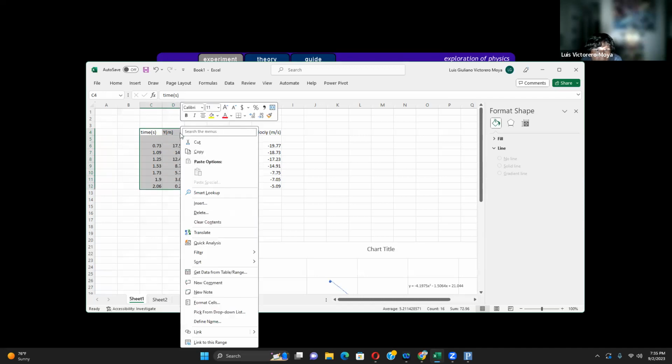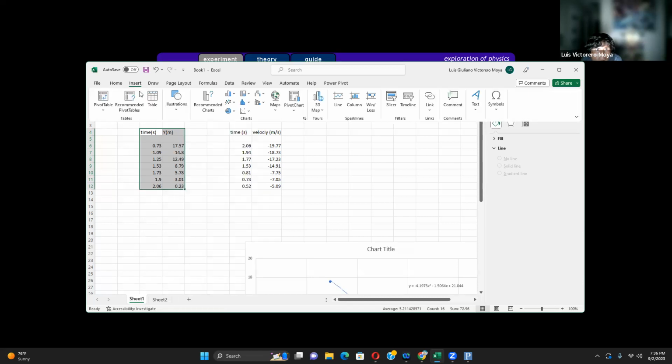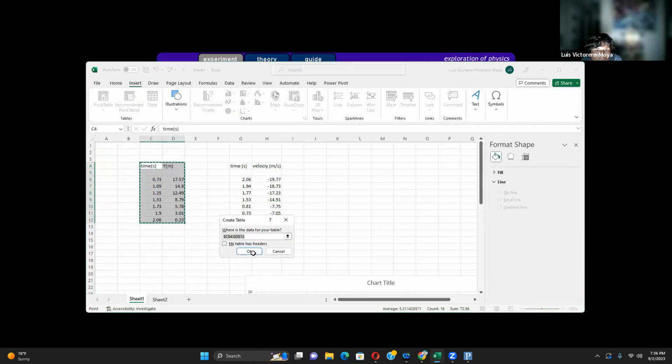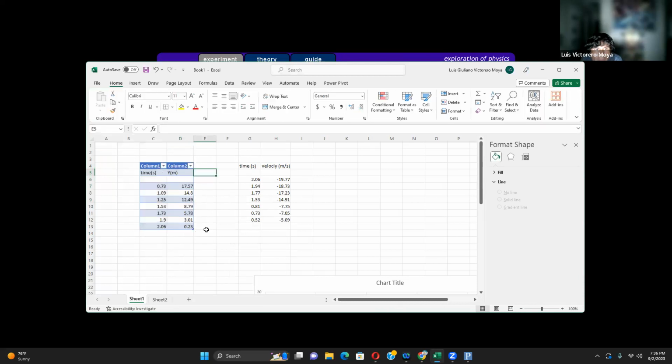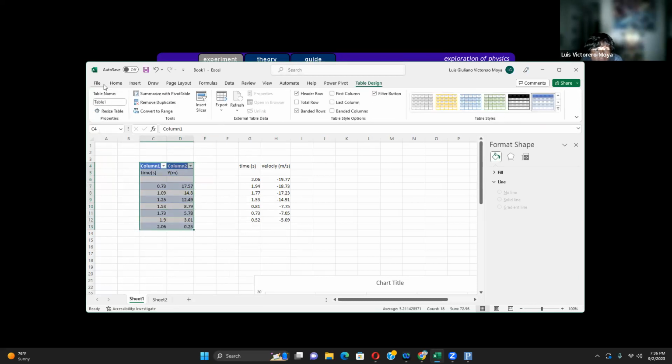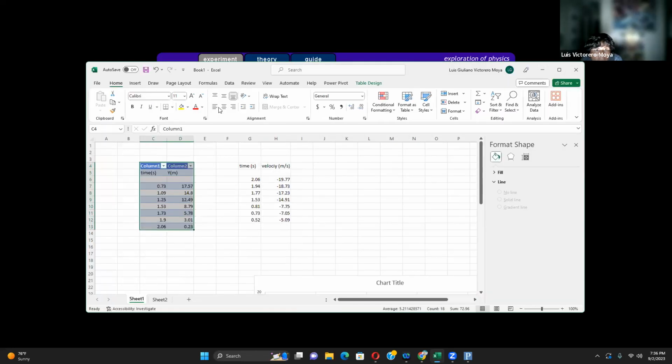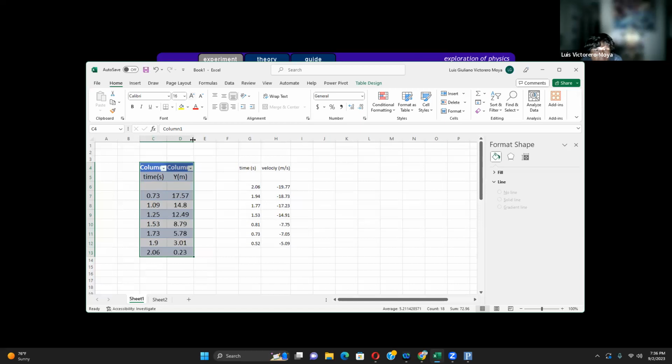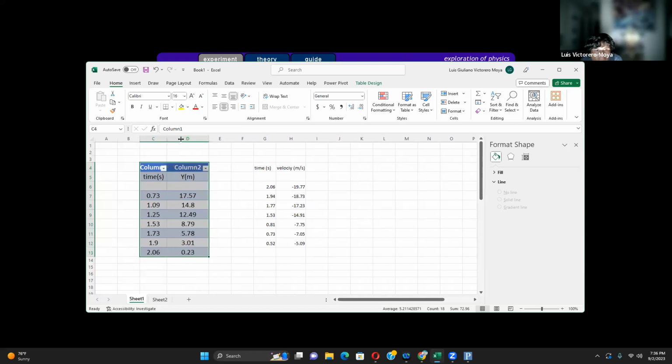Let's make it into a table. There. What makes this a bit complicated is that you need to really look carefully at the values of position and time.